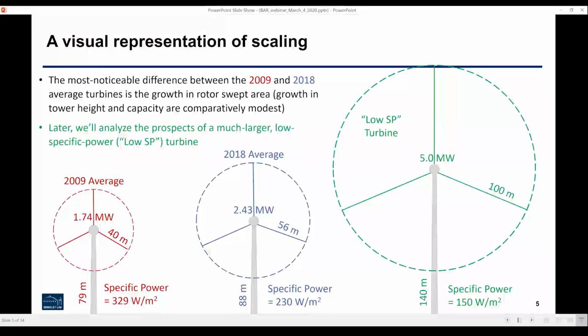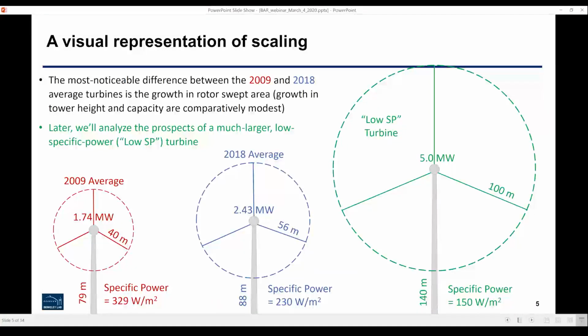And as a bit of a teaser, later in the presentation, we will analyze the effects of moving to the much larger, lower specific power turbine that's shown on the right, and we'll call that turbine the low SP turbine, which stands for low specific power. And you can see that that one has a rating of 150 watts per square meter, which is a level that's not really commercially available yet, at least not on a 5 megawatt turbine.